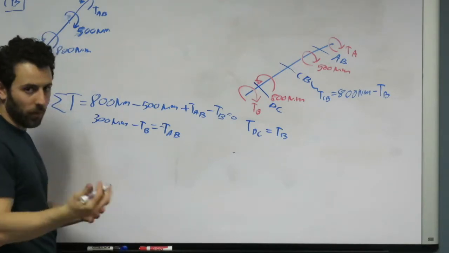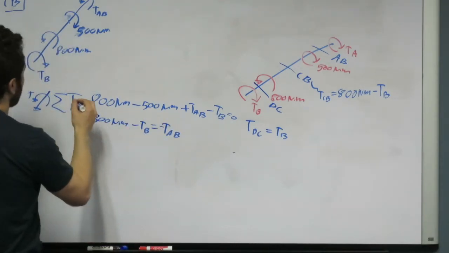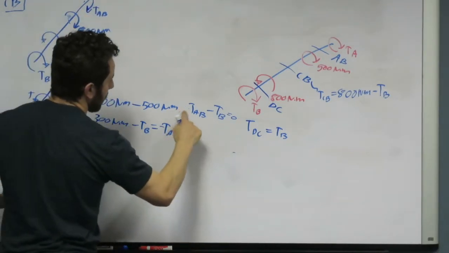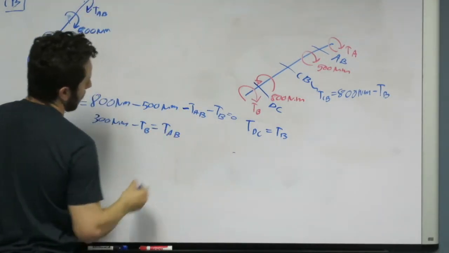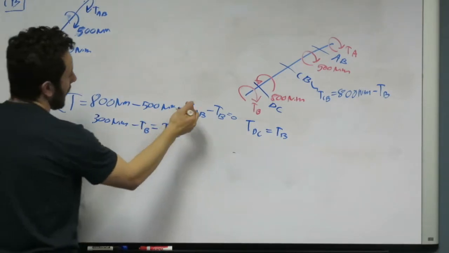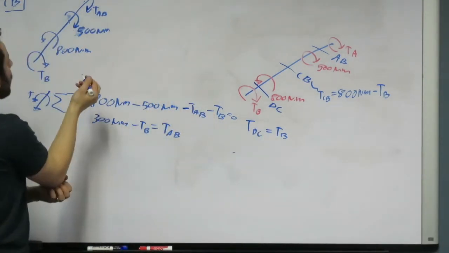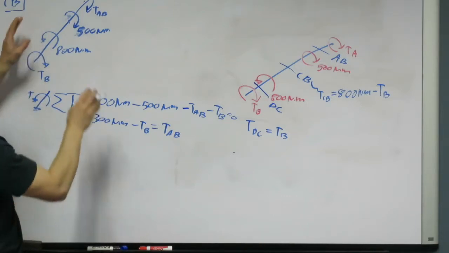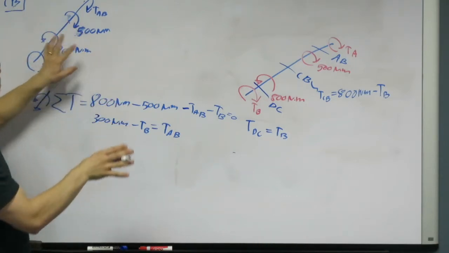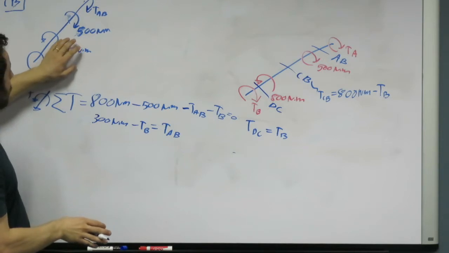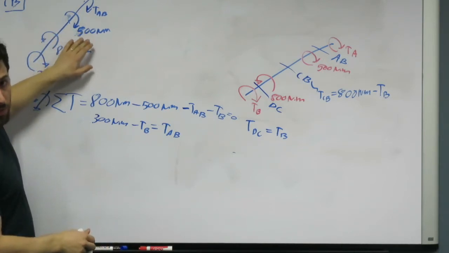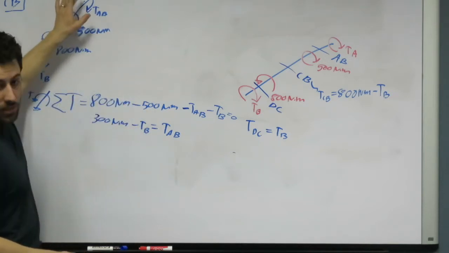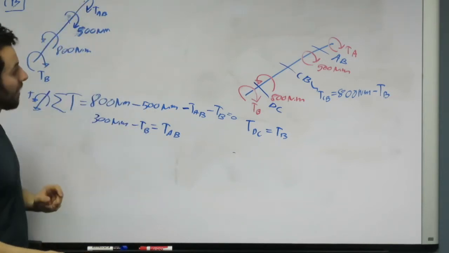So just to avoid that confusion, I'm going to switch this to the right way and this now becomes a negative, and this now becomes a positive, because now I'm adding it to the other side. So again, this is now 300 minus TB because the residual 300 newton meters subtracted from this 800 newton meters by that opposite loading 500 newton meters results in the reaction being the same direction as the 500.